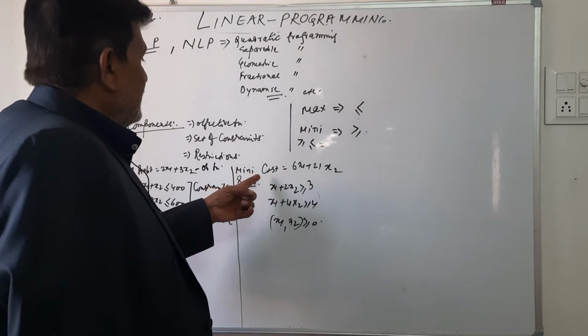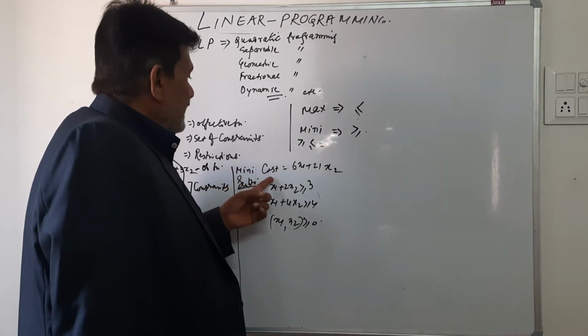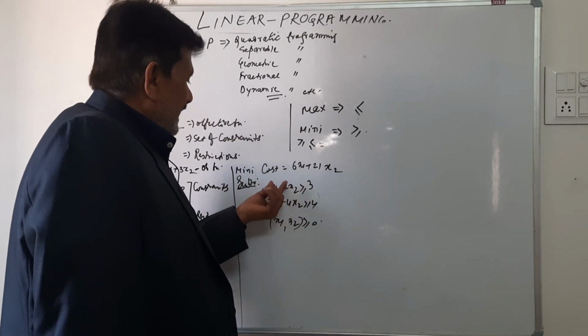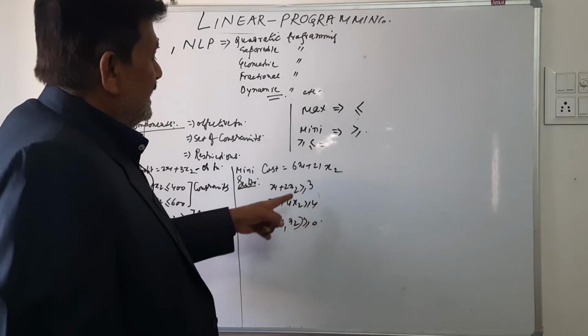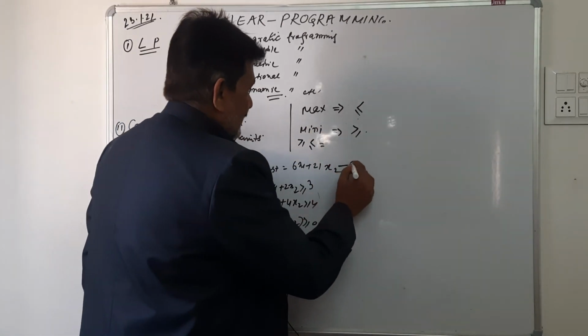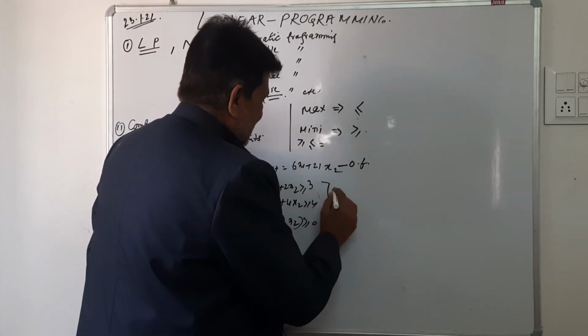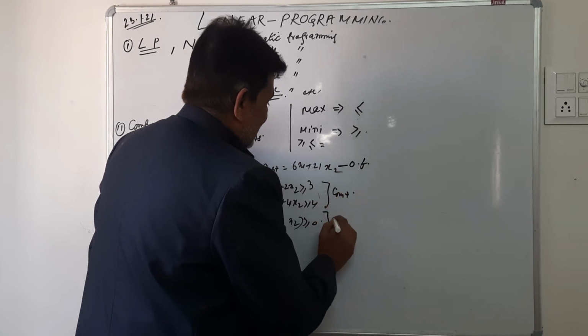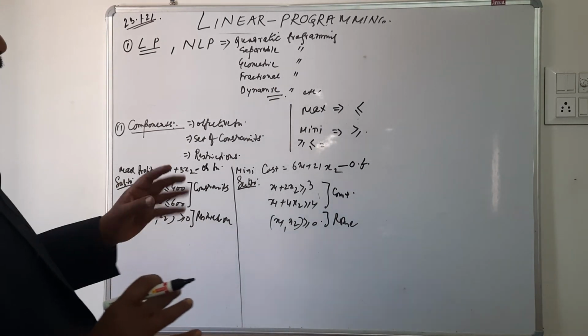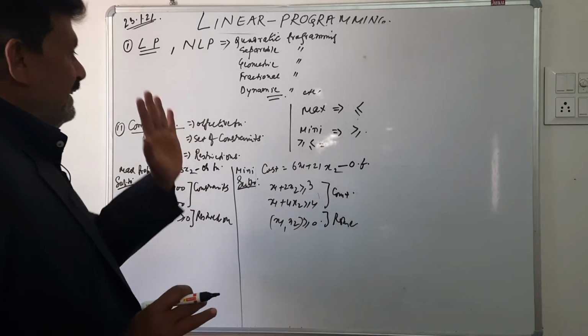And this is minimization, minimizing cost: minimize cost 6x1 + 21x2. These are the two constraints. These are the restrictions, and in the constraints we have inequality in the form of greater than or equal to. So this is the objective function, this is the constraints, and this is the restriction. This is the general look of a standard LP sum.